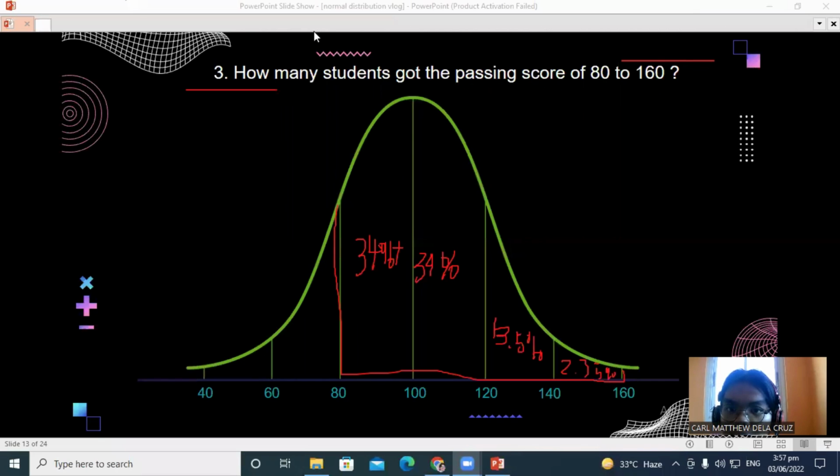I note every single part. 80 to 160 is the equivalent of 34%, another 34%, 13.5%, and 2.35%. So what we're going to do is add them all.